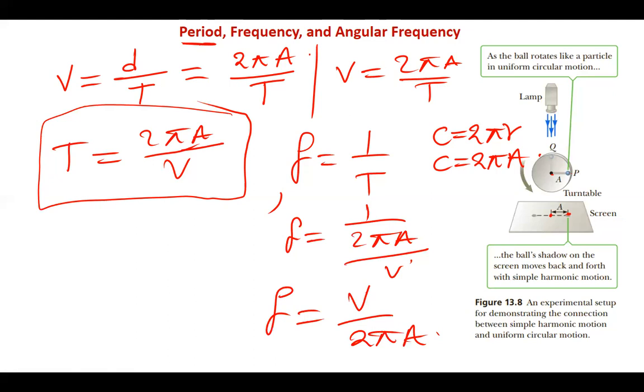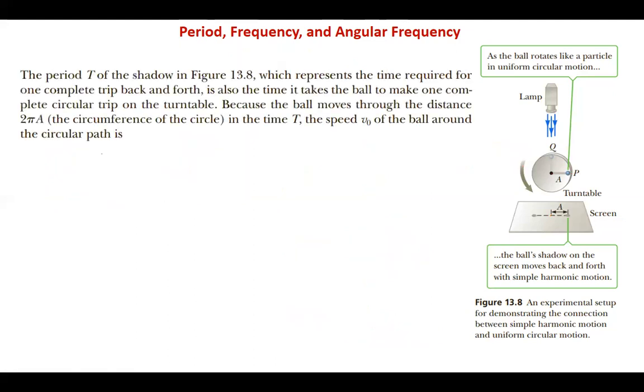Okay, so let's look at these formulas now. I've explained all these notes, and where we get the velocity, and then from the velocity we get the formula for the period.